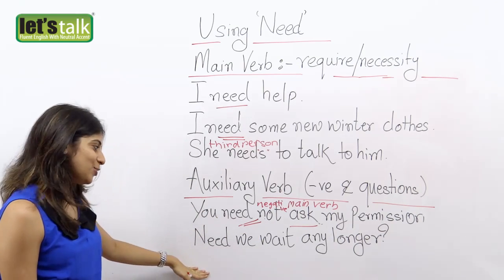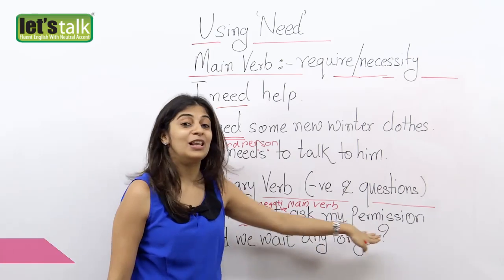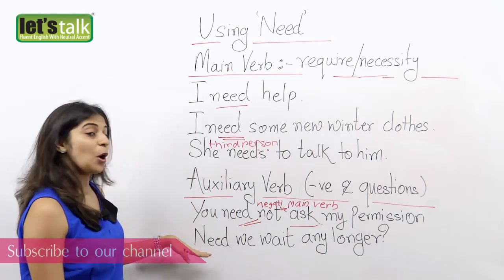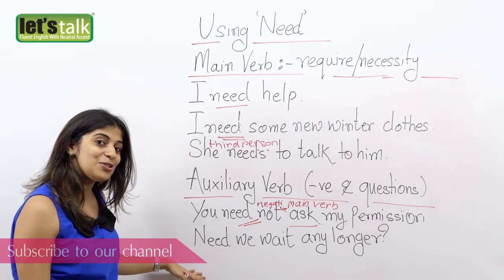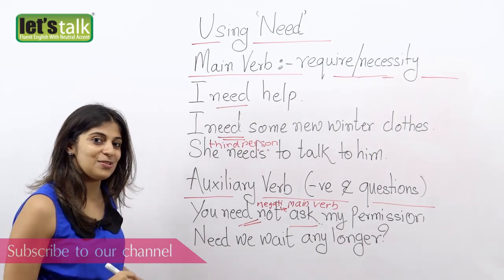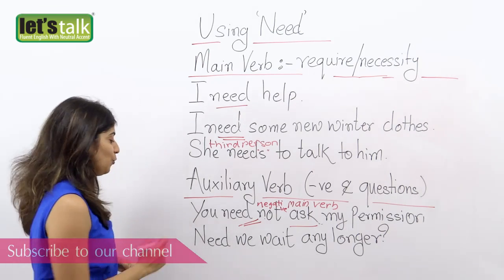Let's look at a question here. Need we wait any longer? Now this is a question here that need we wait any longer? If your answer to this is a positive answer, you would say, yes, you must.